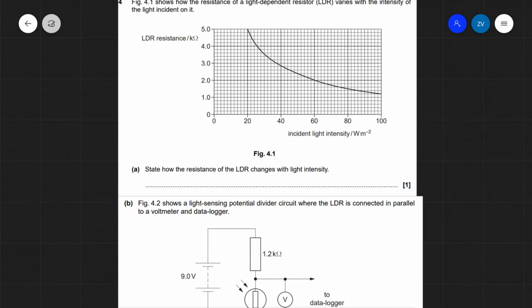And this is quite an easy mark, so we can clearly see that the resistance is decreasing. So we're just going to write this down. The resistance is decreasing as light intensity increases.